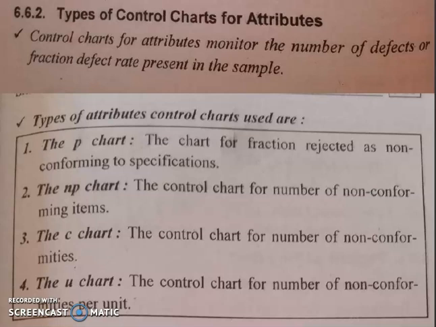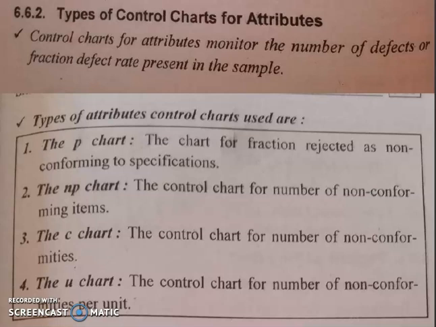If a particular quality characteristic does not meet the specification or standards set for the manufacturing process, then that particular characteristic is called a defect. Defective means that if any product, the entire product, has one or more defects, then the whole product is said to be a defective product.